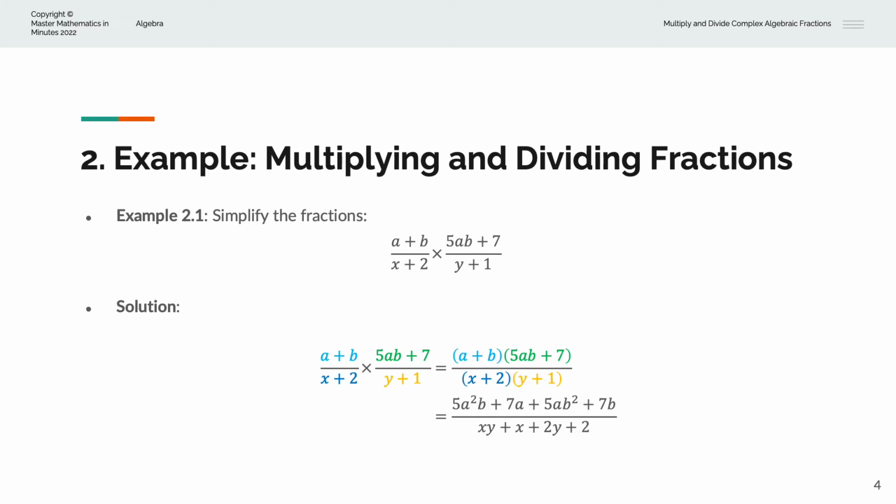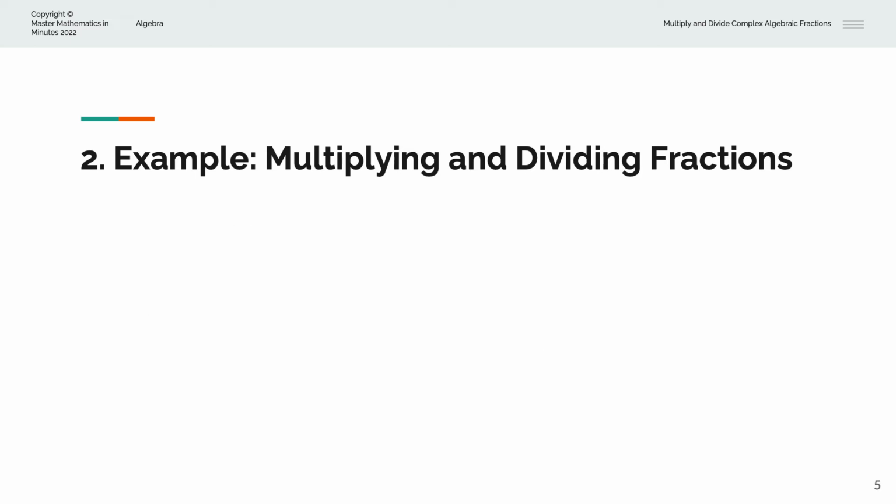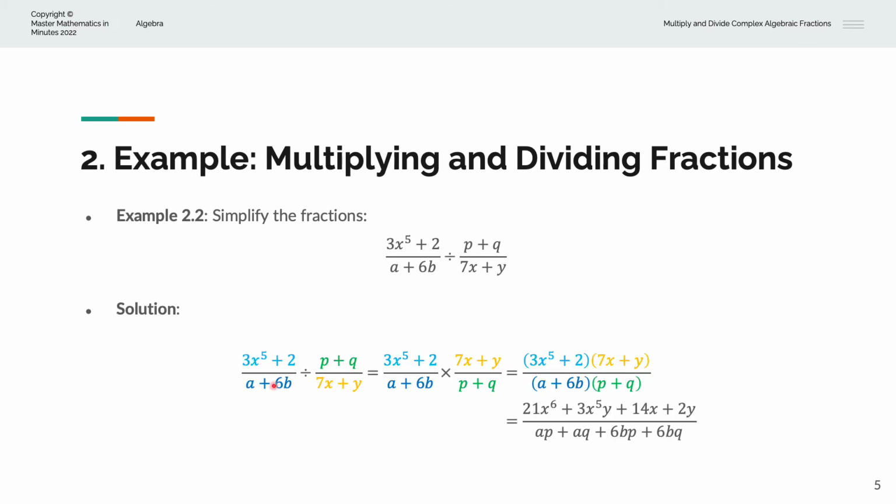In the second example, we're asked to simplify the fractions 3 times x to the power 5 plus 2 over a plus 6b, divided by p plus q over 7x plus y. To divide two fractions, we'll copy the first fraction over, which gives us 3x to the power 5 plus 2 over a plus 6b.